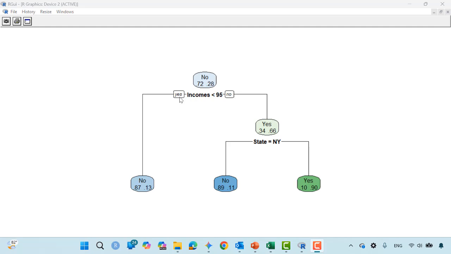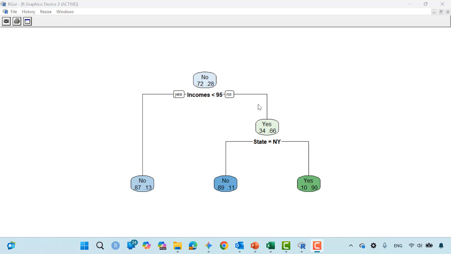According to the small yes next to the income less than 95K question, we should go to the left side of the decision tree. Let's see if we have another customer. He makes 150K a year. The answer to income less than 95 is a no. According to this small no, we should go to the right side of the decision tree.